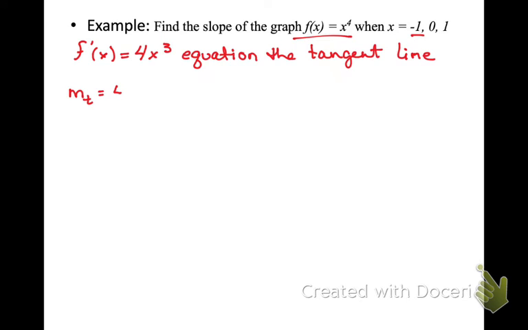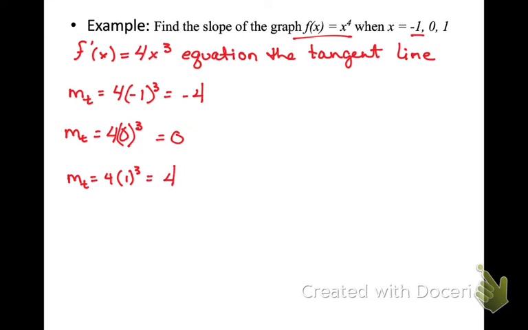So -1 would be 4 times -1 cubed, which would be -4. And 4 times 0 cubed, and 0 would be what? 0. And 1 would be 4.